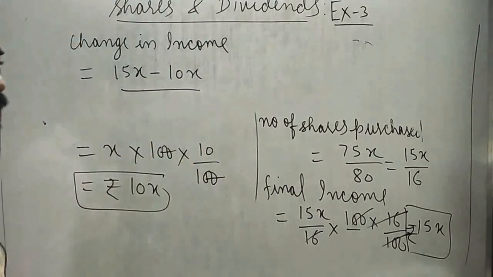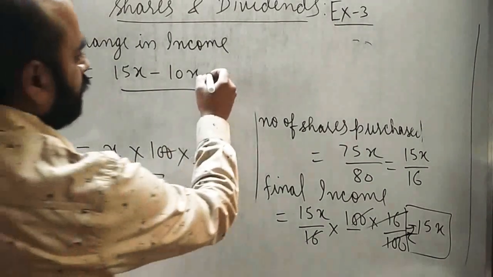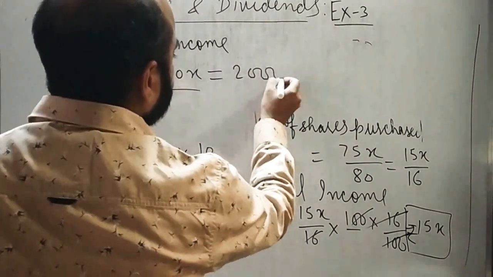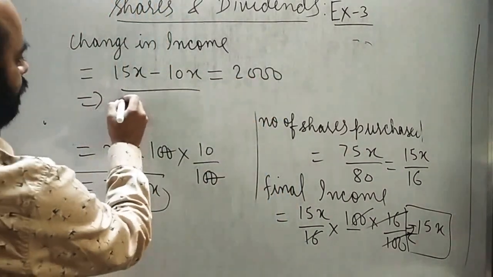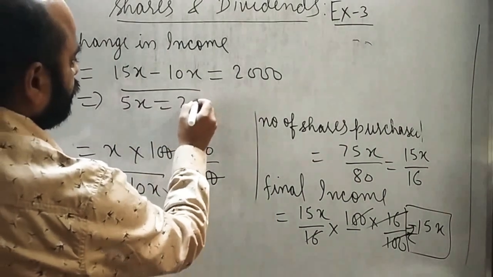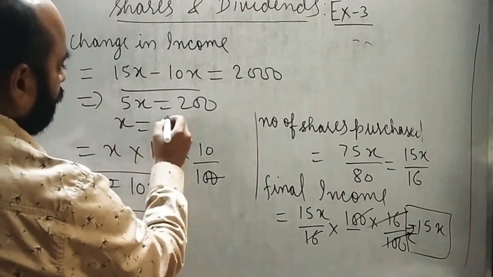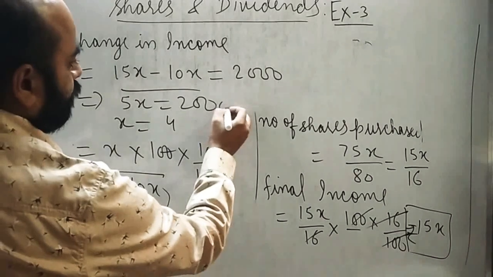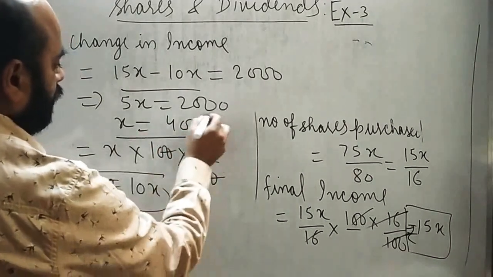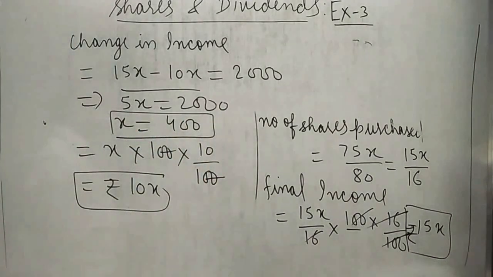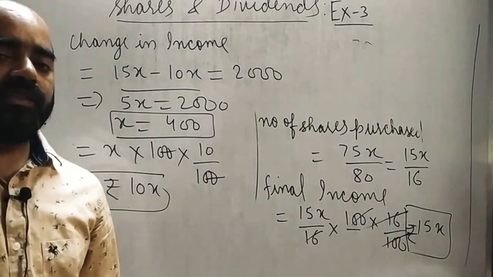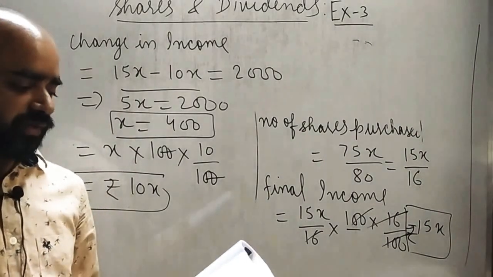This is the change in income, and in the question it is given as rupees 2000. It means 5X is equal to 2000, so X will be 400. So how many shares did he sell? 400 shares. Clear? So that question is completed.